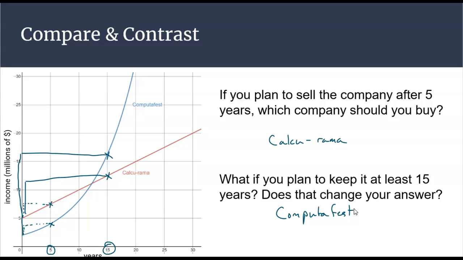So there is some question about how long you decide you want to hold this company for that's going to influence which one you buy. If it's a short-term company you want to sell, Calcu-rama probably. But if you want to keep it for a long time, we'll probably go with Computafest.